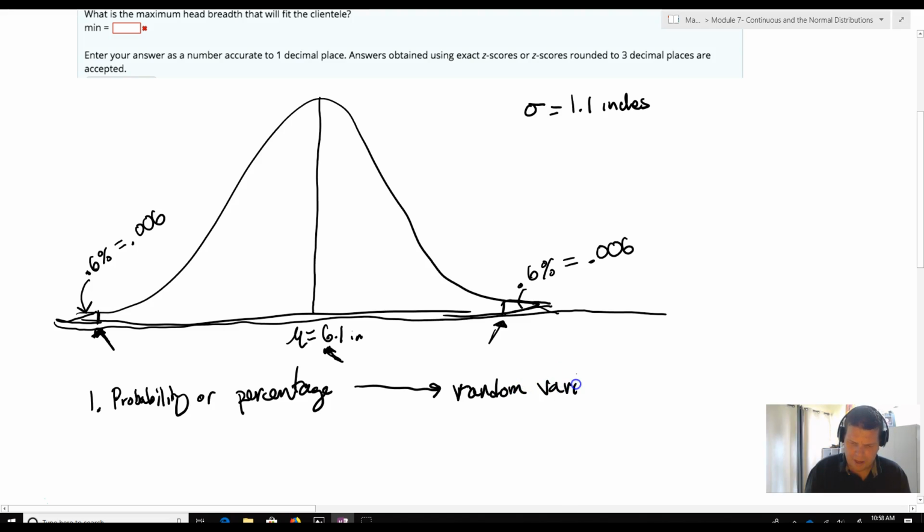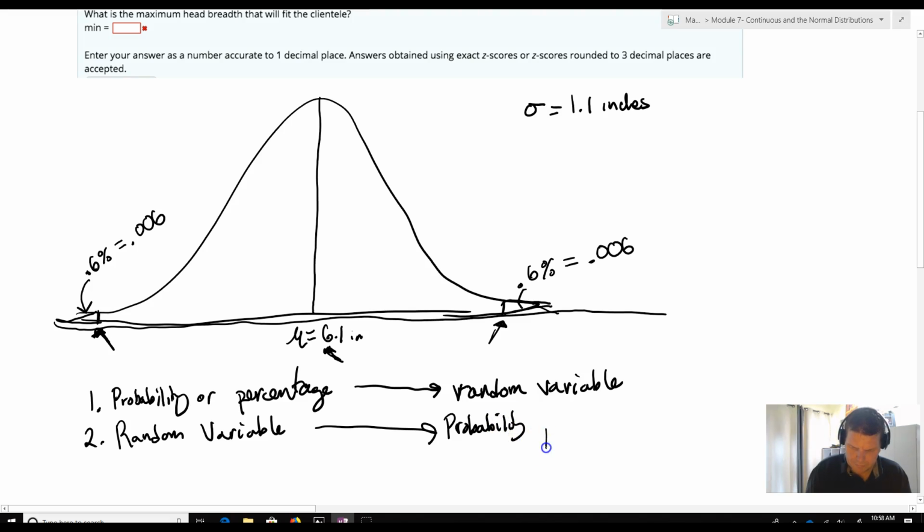That's what we're looking for here. Two, we're given a value for the random variable, and we're looking for a probability or percentage. Most people have a problem with number one, and that's what number one is asking me for here.